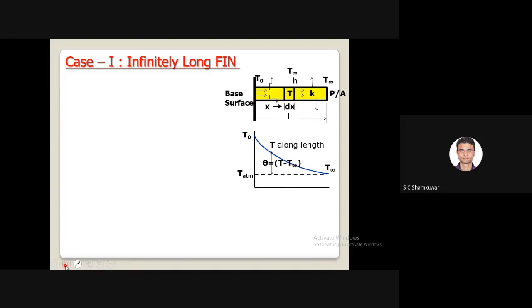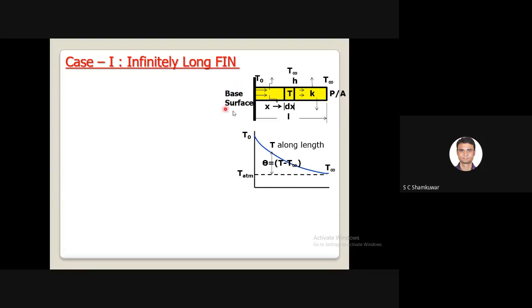Now we will consider the fin which is infinitely long, of length infinity.